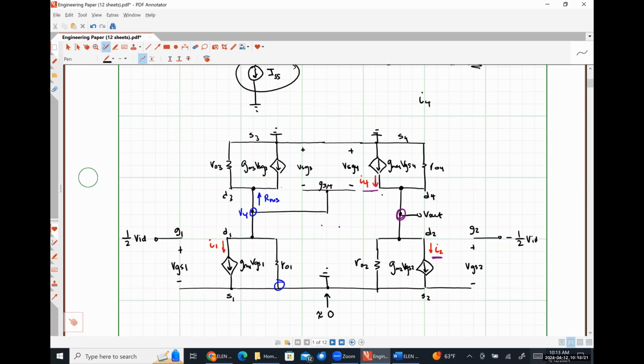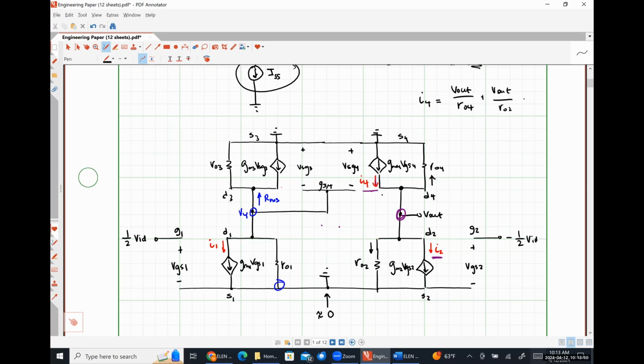And we're going to have V out over R04 flowing out. So that represents this current flowing up. We are going to have a current of V out over R02 flowing out. So that's this current right here. You okay with that?